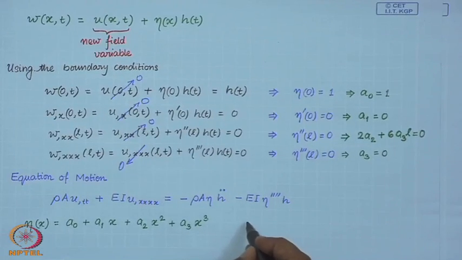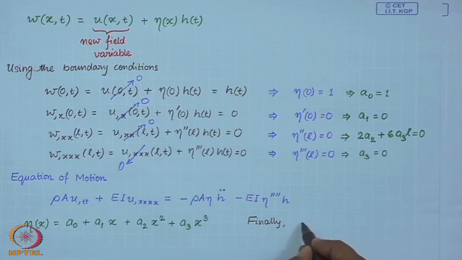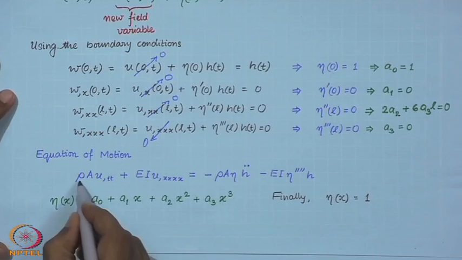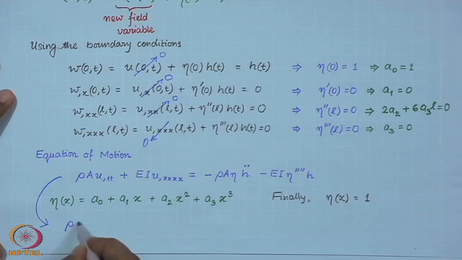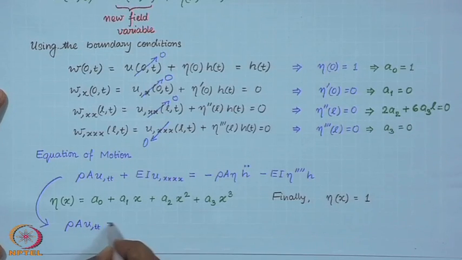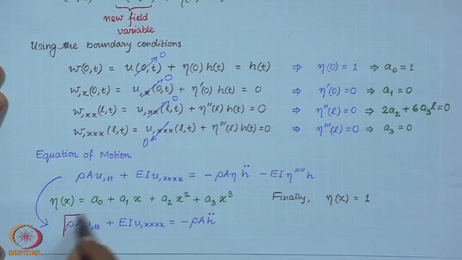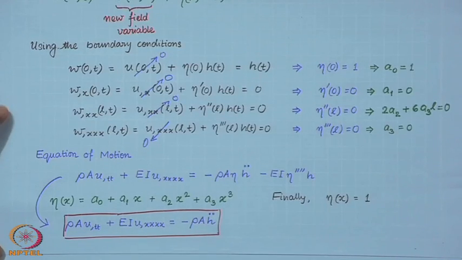So, in that case finally, and therefore, the equation of motion, so what we obtain from here, this is the equation of motion, and this is accompanied by boundary conditions which are all homogeneous.